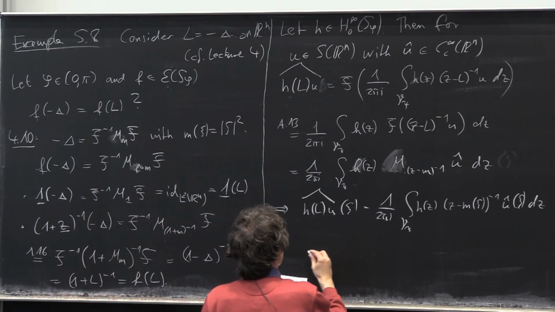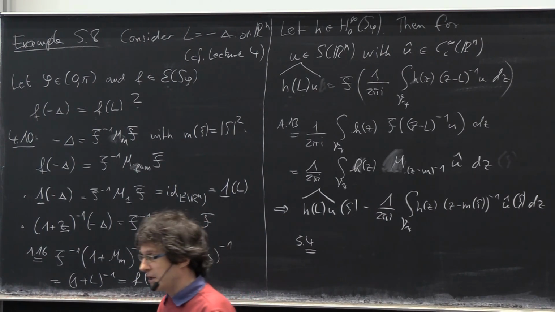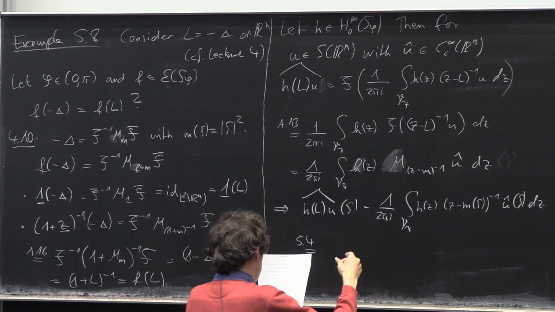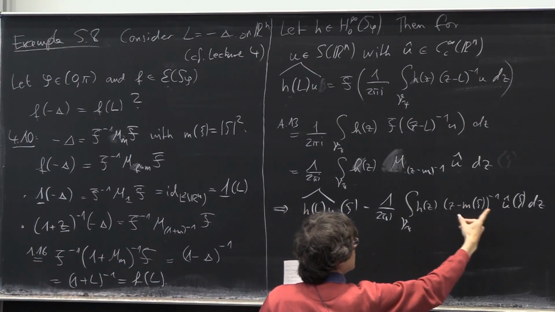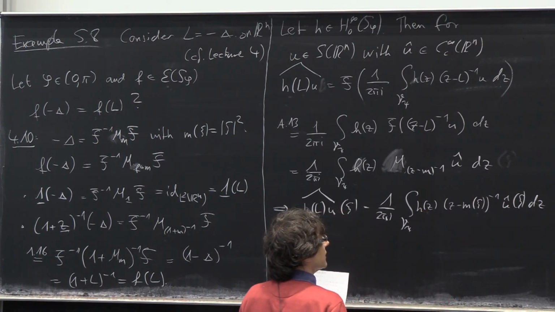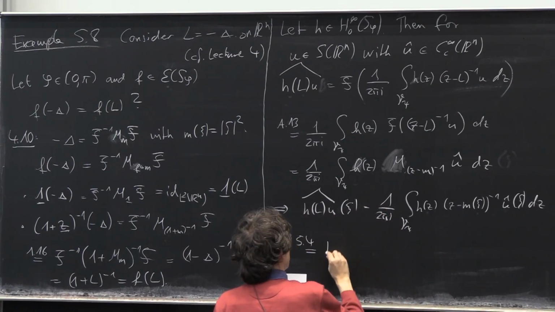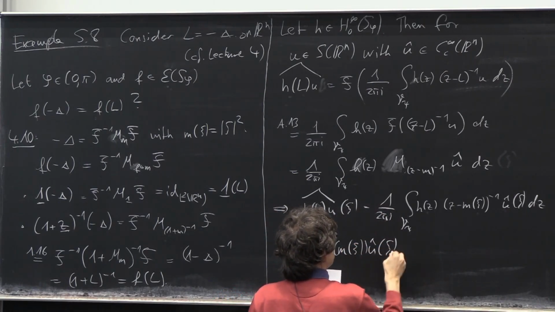So you can just apply our Lemma 5.4 from the beginning of the lecture, where I showed you the complex analysis Cauchy integral formula for these weird paths gamma psi. And this gives you just this function where m of xi is put in as z. So this is a constant for z, you can take it out. So this gives you h of m of xi times u hat of xi.